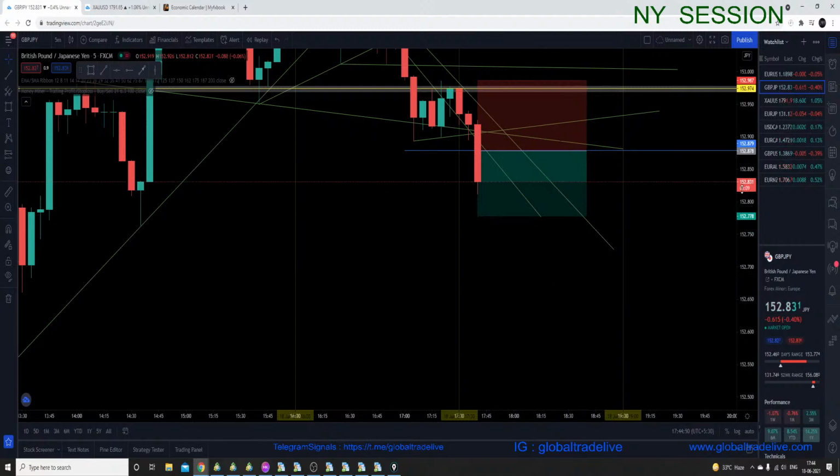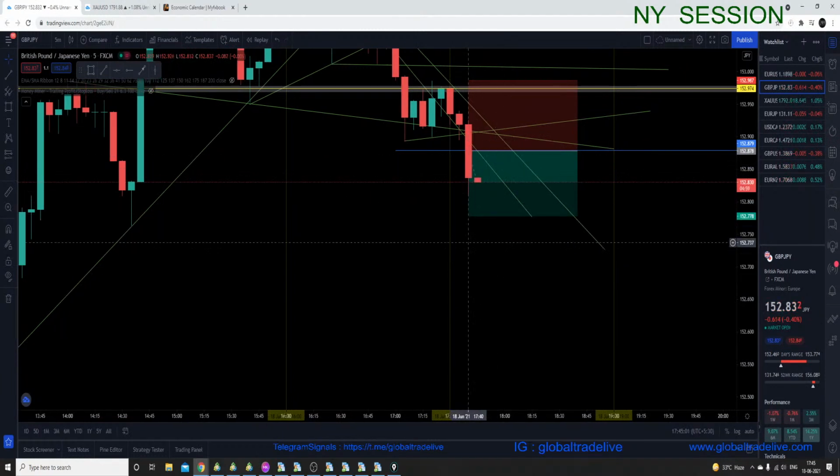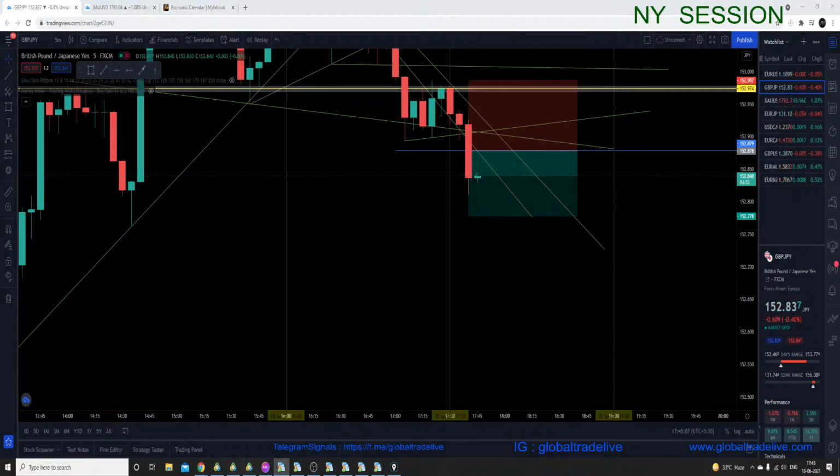But okay, 10 seconds left here. So the candle is closing below this area finally, and so it went down around 7 pips already. Just hold on a second, guys.